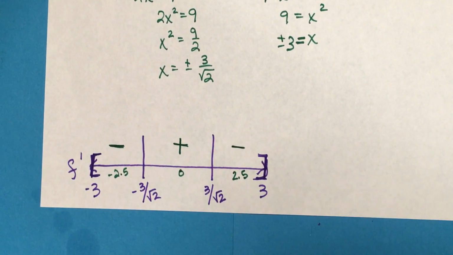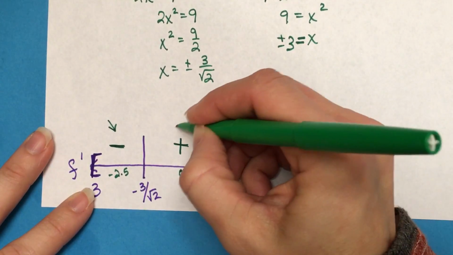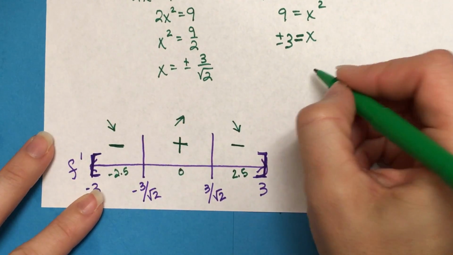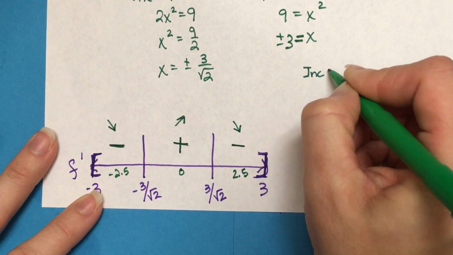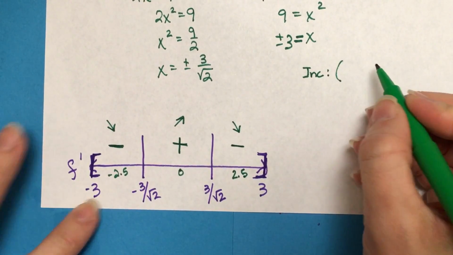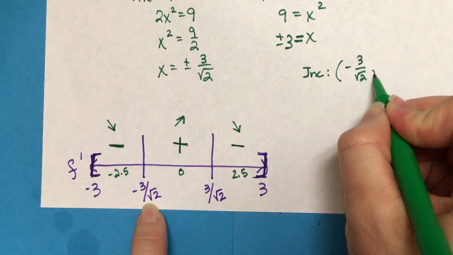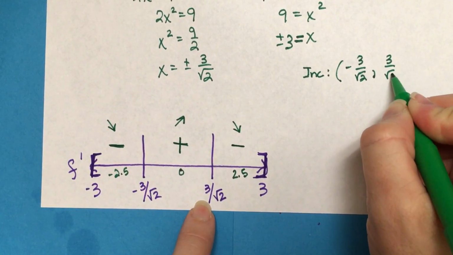All right, so what I figured out is that this section's decreasing, this section's increasing, this section's decreasing, okay? So let's identify those intervals. So increasing would be from negative 3 over square root 2 to positive 3 over square root 2.